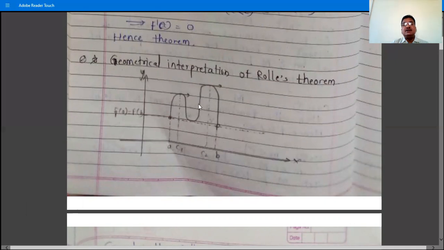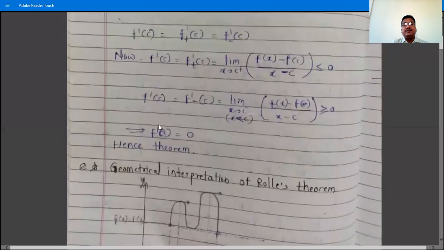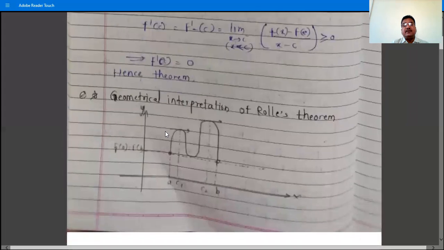So what is the meaning of f dash c? f dash c means the slope of the tangent at the point c, and it is equal to 0 means its slope is 0, so it is parallel to the x-axis.